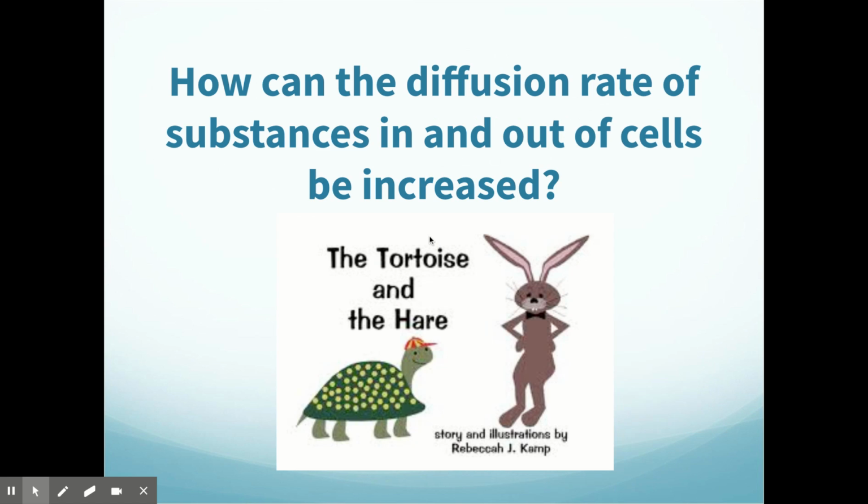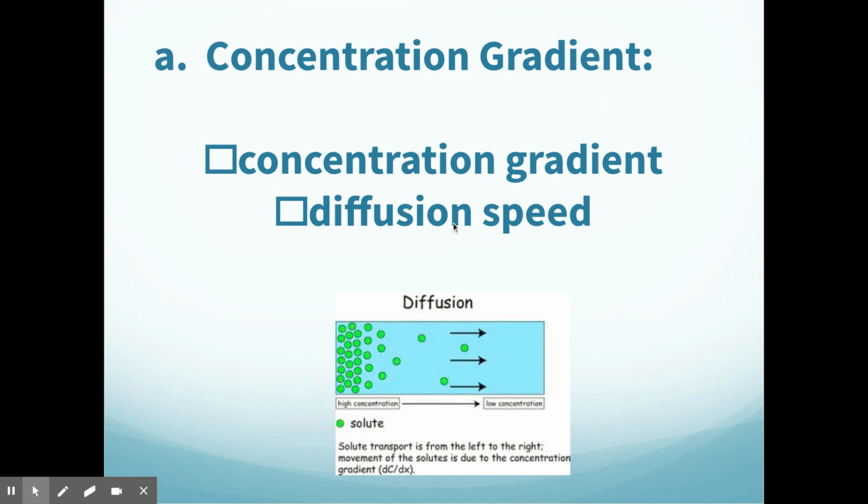Okay. So how can the diffusion rate of a substance in and out of the cells be increased? We want things to be able to travel into and out of the cell easily at a nice speed. A couple quick ones, I'm not going to talk about in crazy detail. Concentration gradient, the difference between how high or low the concentration of the substance is, will affect our diffusion speed.